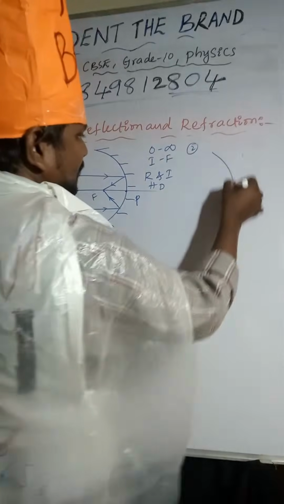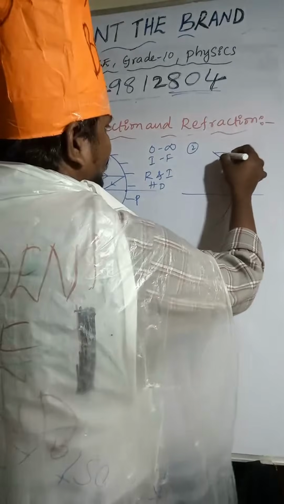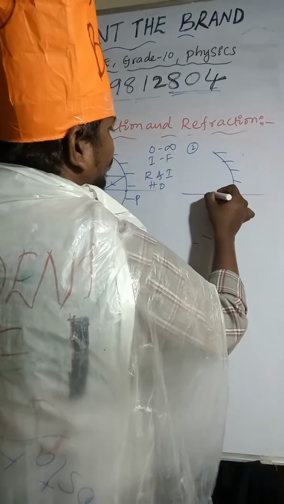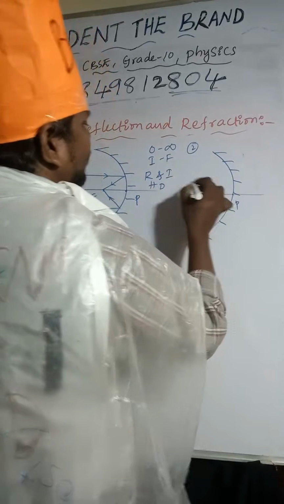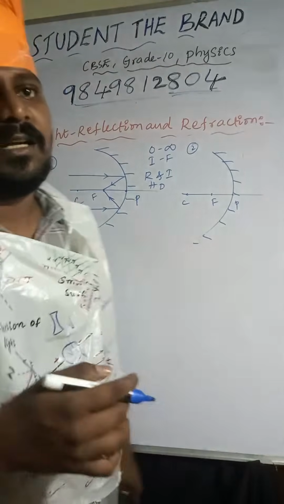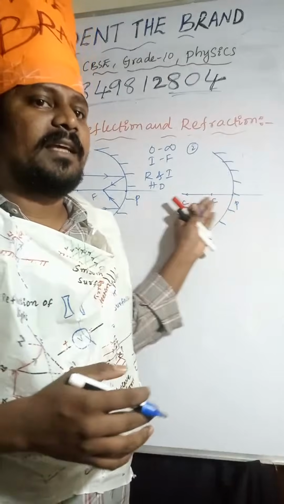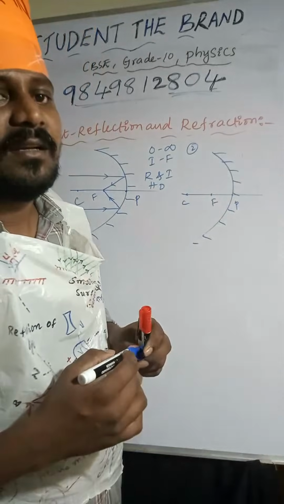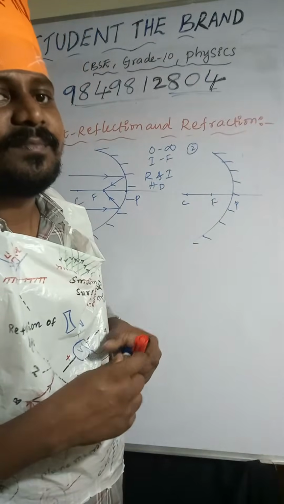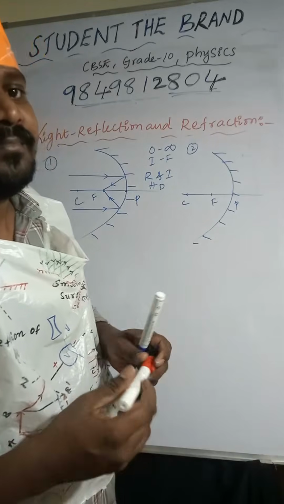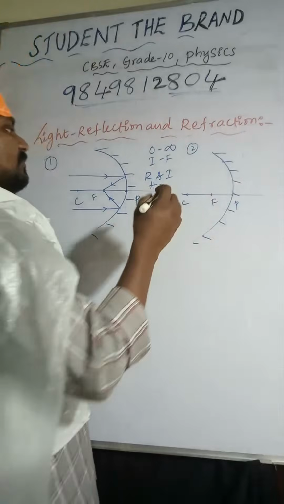Coming to point number 2. Image formations are very important. So this is the pole, focus, center of curvature. The object is placed beyond center of curvature. Thank you, Prithviraj Garu.